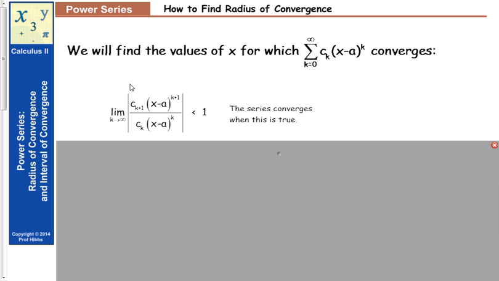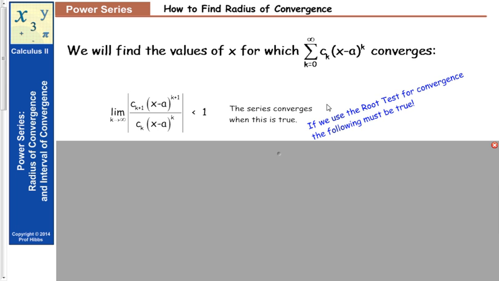So we're going to find the values of x for which this series converges, and we're going to do that by using the root test for convergence. What I mean by that is, remember what the root test for convergence of a series is.